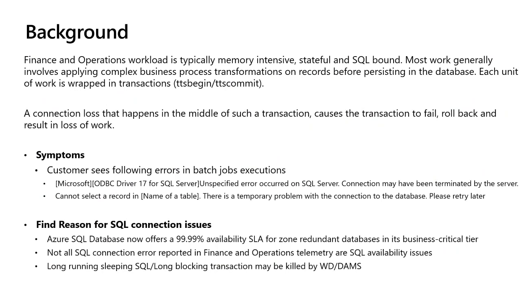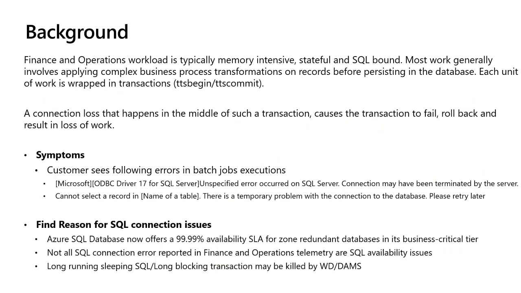Each unit of work that we have is wrapped within a transaction block, which we call TTS begin and TTS commit, transaction begin and transaction commit. Sometimes this unit of work might take longer to finish. And within that unit of work, if a transient connection loss with the SQL server happens, that results in the rollback of the work that we have already done, and in the loss of work.